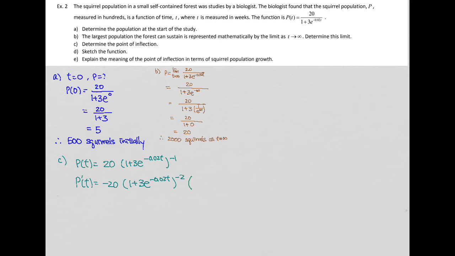So the differentiation of the 1 is 0, and then the differentiation of this will be 3 e to the power negative 0.02t, because that's exponential now, times by the differentiation of the exponent, which is negative 0.02, times by ln of the base, which is ln e, which is 1, and we don't need to multiply it. That simplifies to 1.2 e to the power negative 0.02t, times (1 plus 3e to the negative 0.02t) to the exponent negative 2.